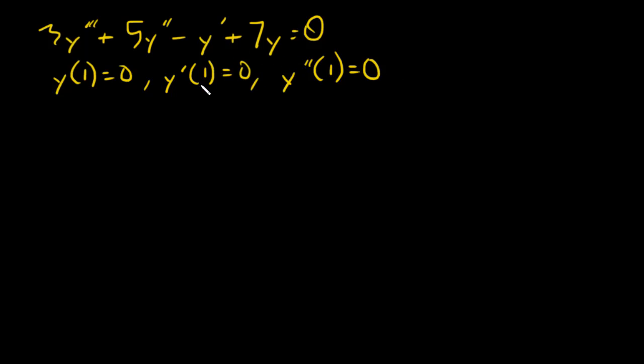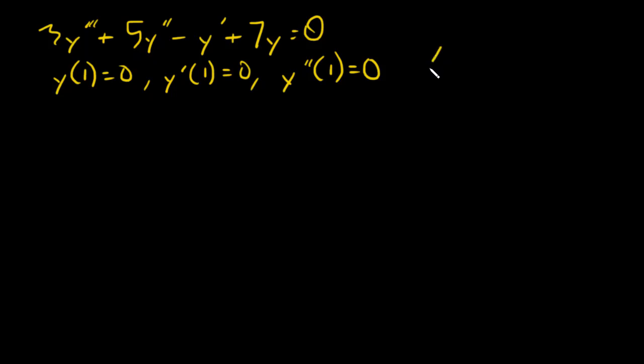And for the solution, if I have all these cases, this is where my y values are going to wind up 0. All of these values are going to be 0 if I'm at x equals 1. That implies that all of these terms at x equals 1 are 0, which implies that the only solution I can have for this is the trivial solution.